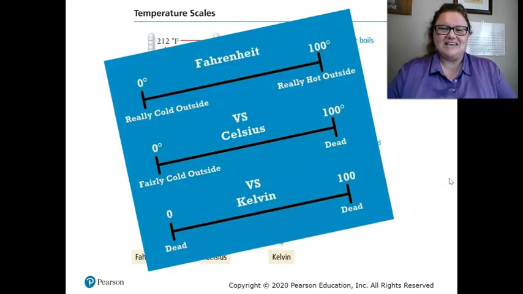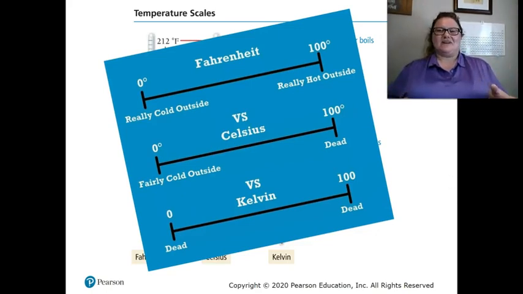Okay, here's a meme that I typically like to use here to kind of help you also put in perspective the three types of scales. With Fahrenheit, if it's 0 degrees Fahrenheit, you know it's really cold out. It's below freezing, so you know that's really cold. If it's 100 degrees Fahrenheit, you know it's really hot out that day, right? So we look at like the day temperature, and you can relate 0 to 100 in Fahrenheit. 0 in Celsius is at the freezing point, so it's warmer than 0 Fahrenheit.